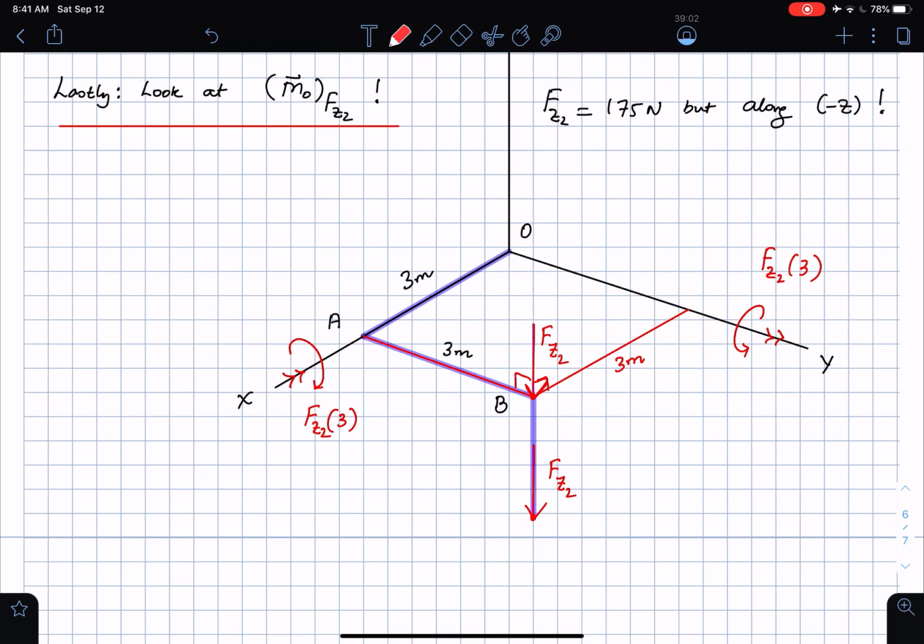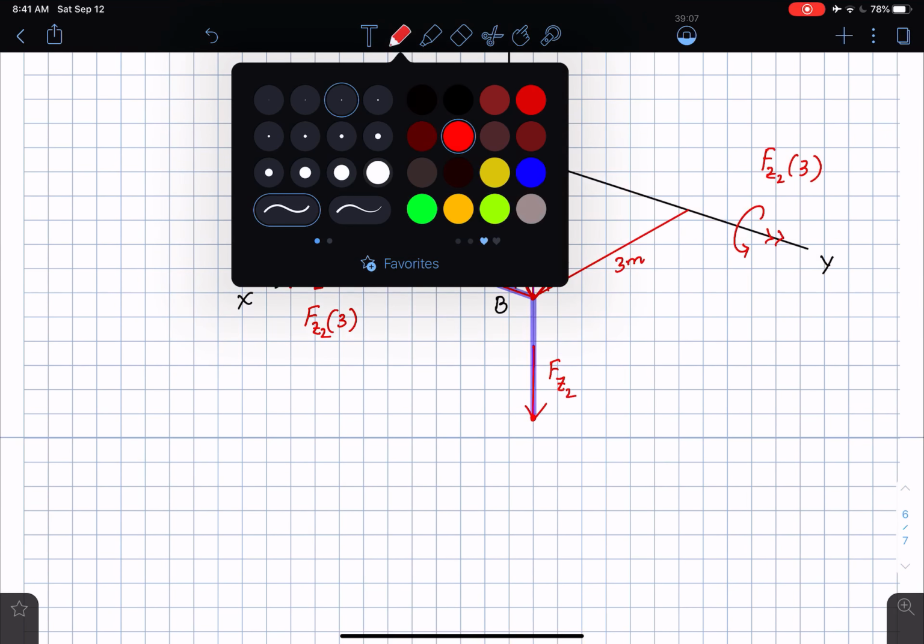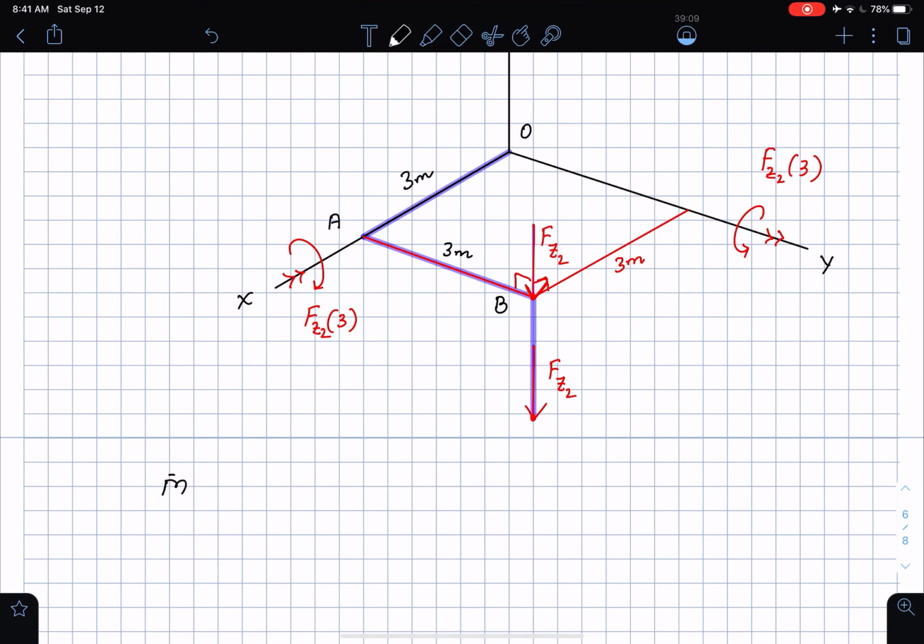Okay, so which means that if I now look at Fz2 and write it out as a vector, the moment about the point O due to Fz2 is going to be minus Fz2 times 3i, then I'm going to have Fz2 times 3j, and 0k.